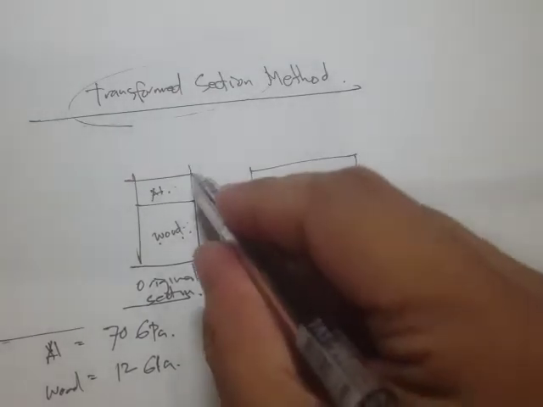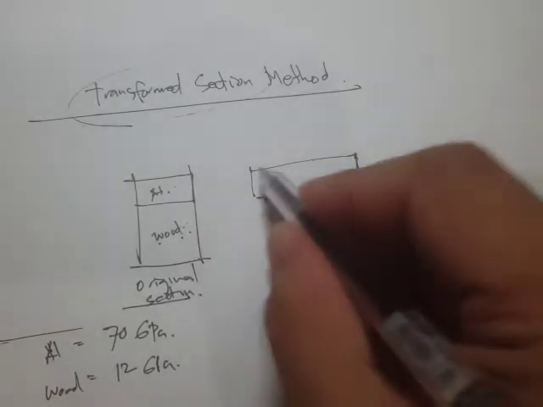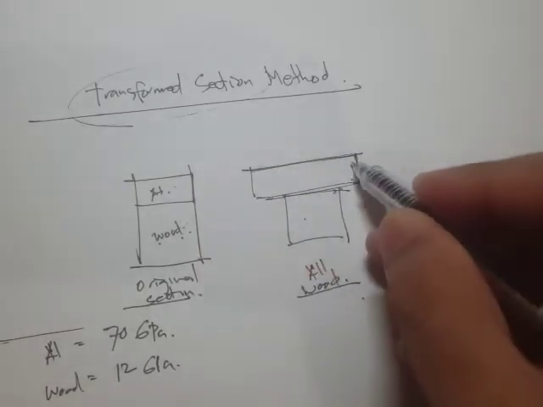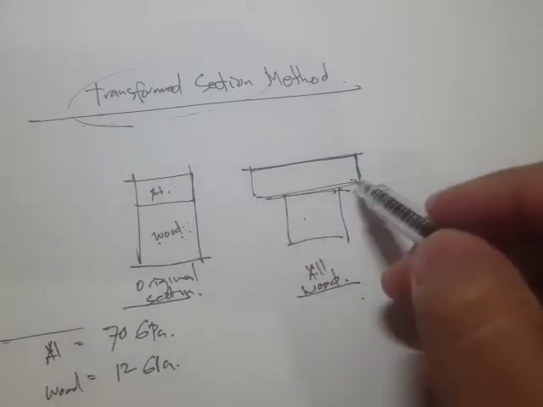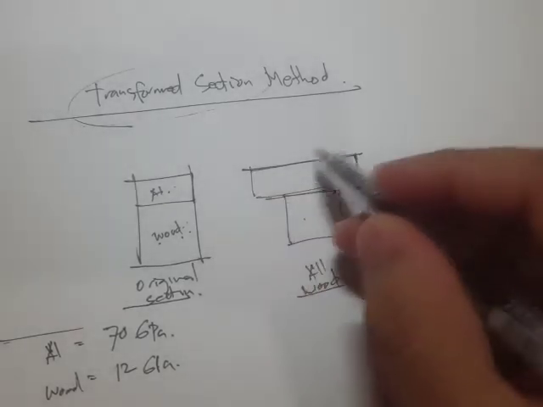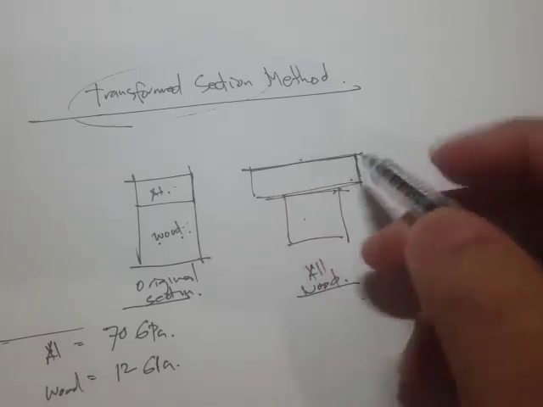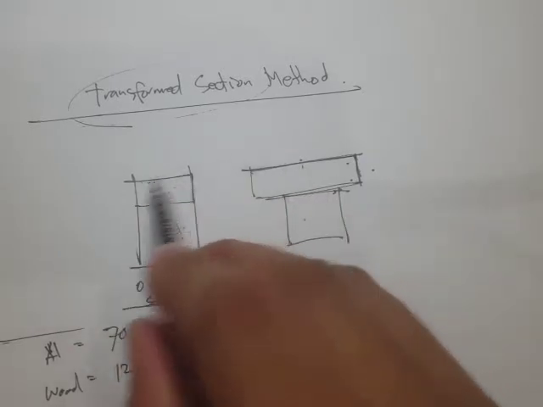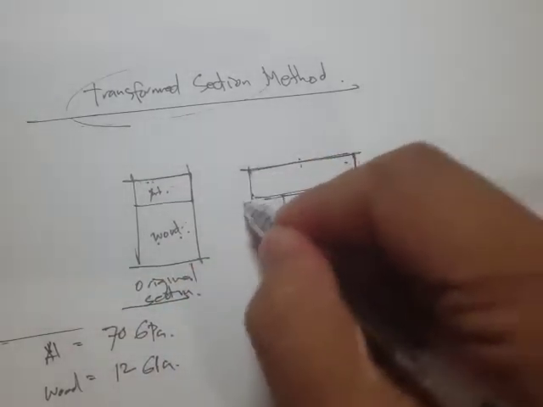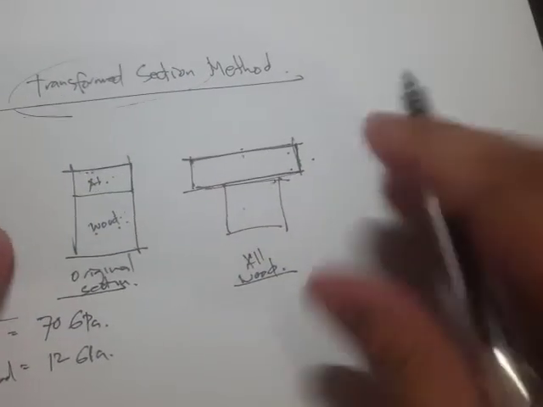So we still have the same depth, and we are just changing the width, because the area of this rectangle is simply the width times the depth. So we don't have the same width right here, but the idea is that it must have the same capacity.